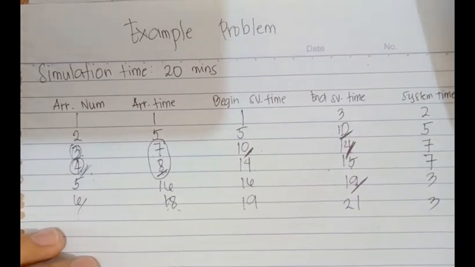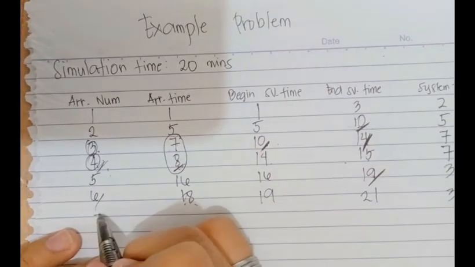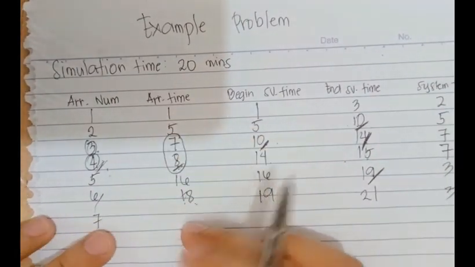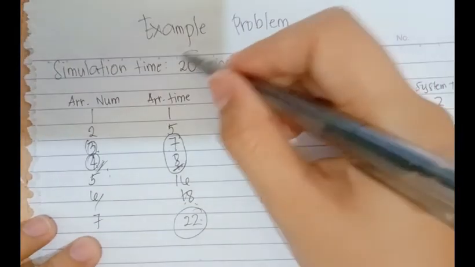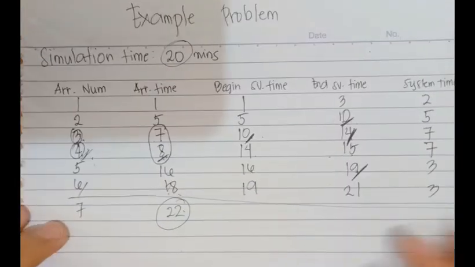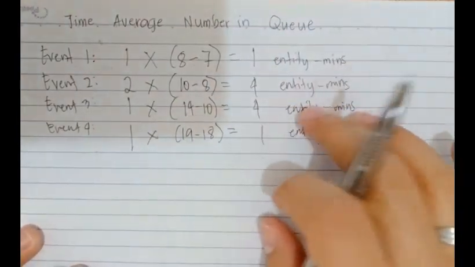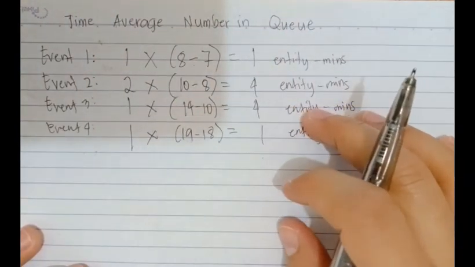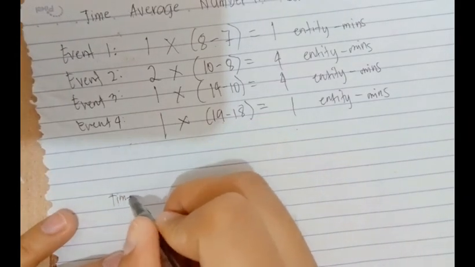If we were to include entity 7, based on what I remember, its arrival time would be 22 minutes, which is beyond our simulation time. Therefore, we only go up to entity 6. Now we can use this to get the time average number in Q. We just use the formula.